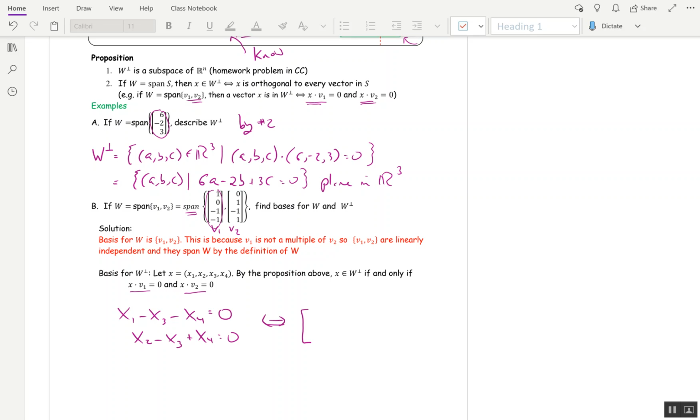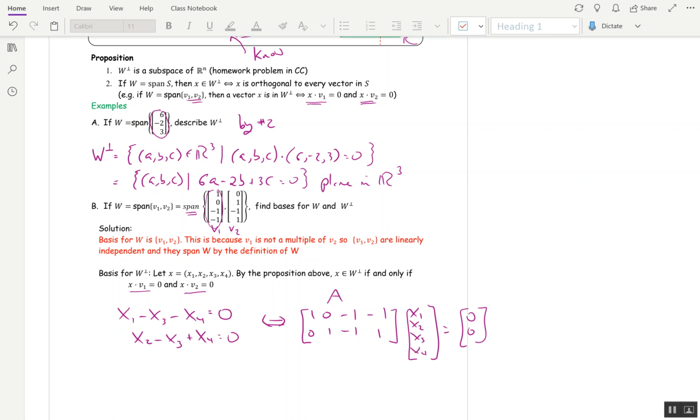Let's write this in matrix form. The matrix with rows (1, 0, -1, -1) and (0, 1, -1, 1), which I'll call A, times (x1, x2, x3, x4) is (0, 0). So that's the matrix form of that linear system.